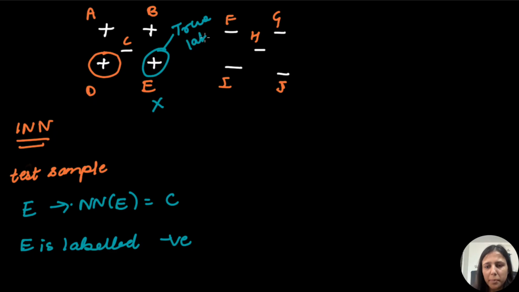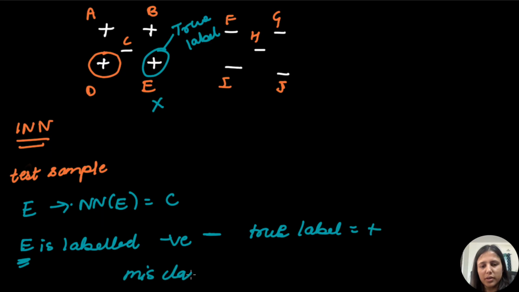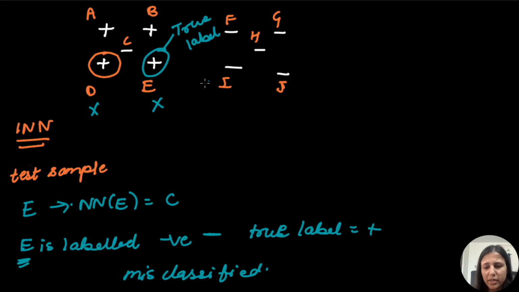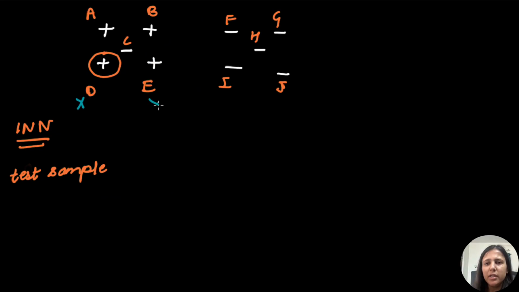Though we are predicting it to be negative, the true label is positive, so it's misclassified. So D is misclassified and E is also misclassified, right?